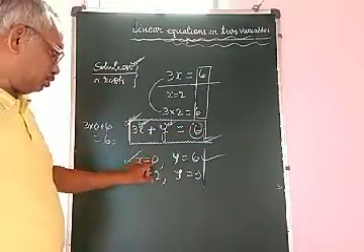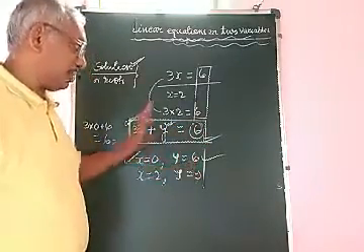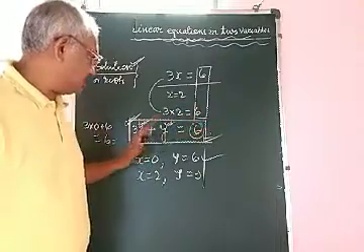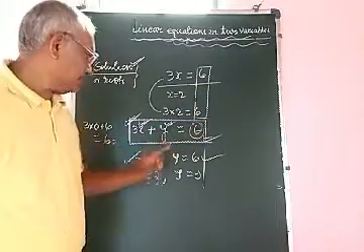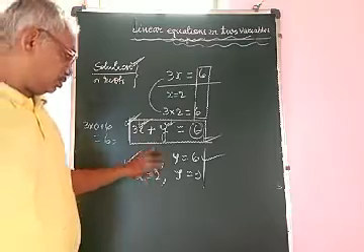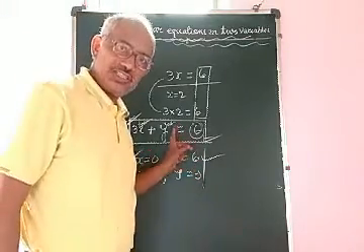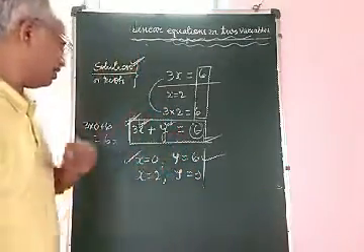So x is equal to 0 and y is equal to 6 satisfies the equation 3x plus y is equal to 6. Therefore, x is equal to 0 and y is equal to 6 is a solution of this equation.